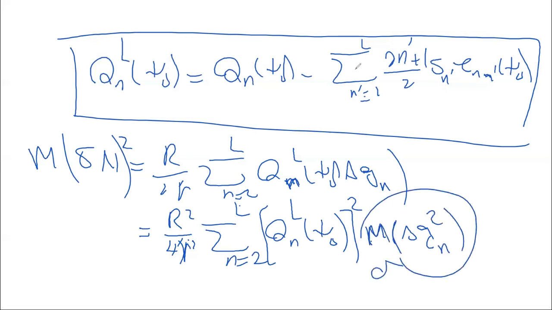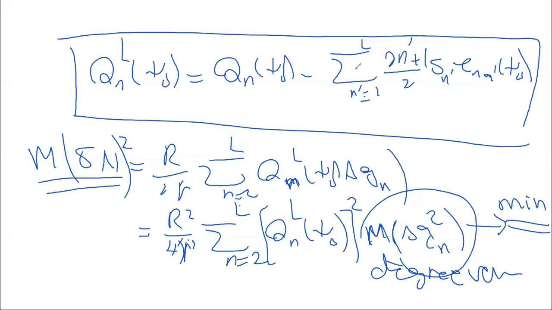Yes, degree variance. So this is the mean square error, the mean square error of truncation, and I want this to be minimum.